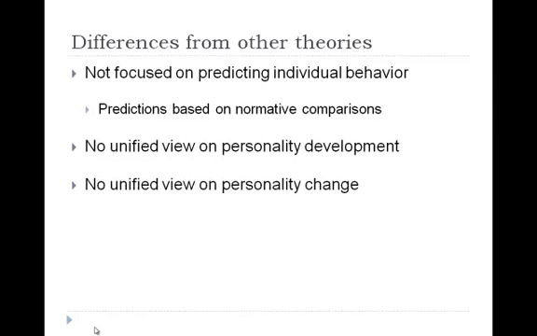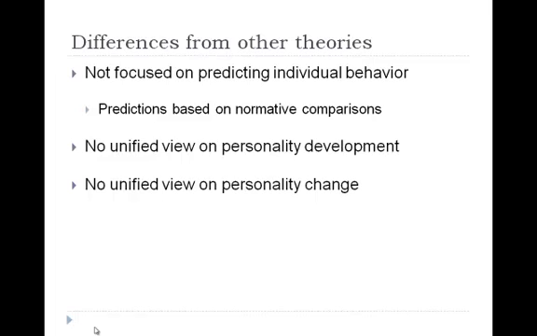Similarly, there's not a unified view on why some people might experience increases or decreases in a trait. Because again, there's research on, okay, why do people experience increases or decreases on self-efficacy? But the theory about why that happens and the understanding of what happens might be different than the understanding of why people might change where they stand on a measure of neuroticism, of experiencing negative affect.